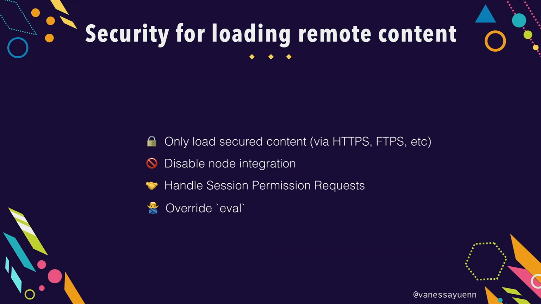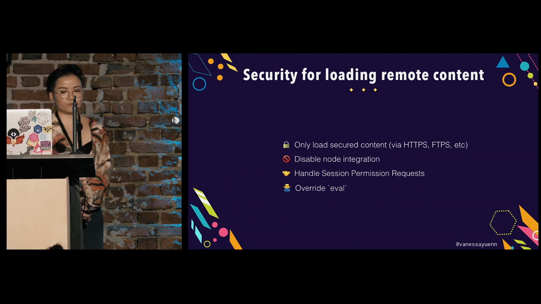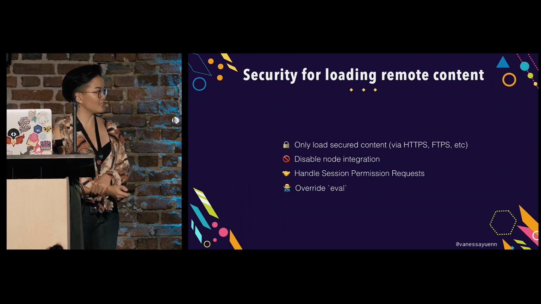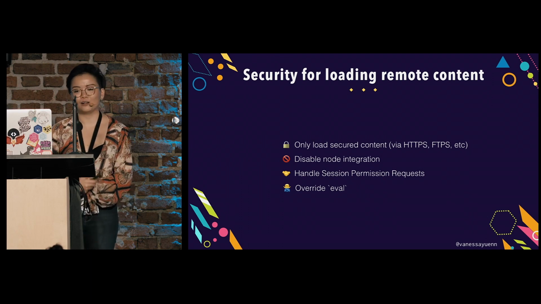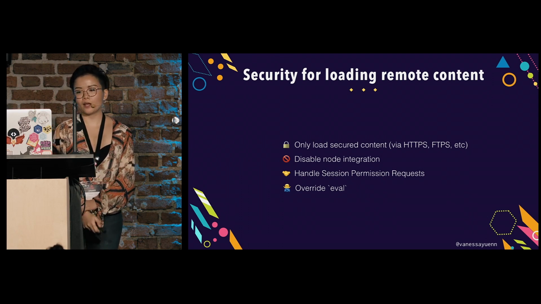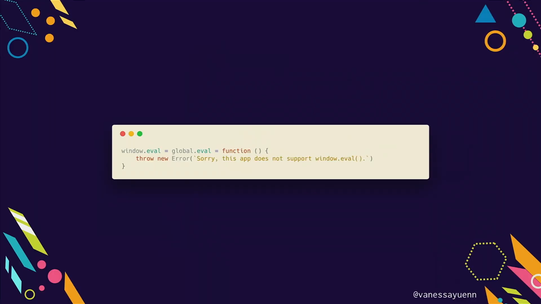But if you're loading remote content, it's very hard to make it bulletproof, but easier to just disable it. So if you're doing remote content and you don't have a very, very strong case of why you need eval, you should probably disable it. And you would do so by defining a new eval function that overrides the JavaScript default with an empty or no-op function.